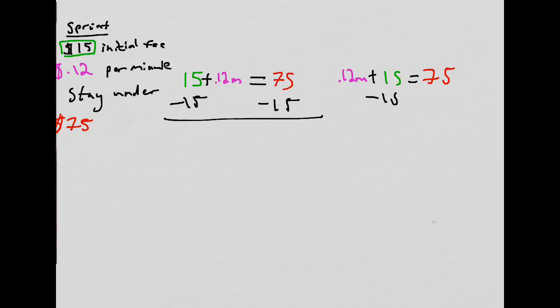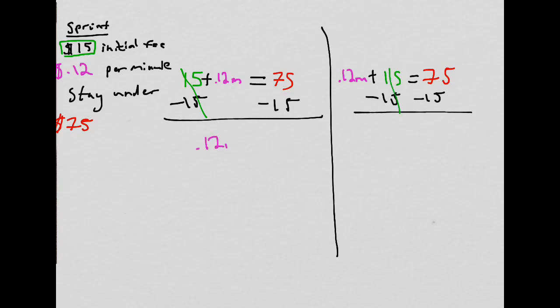I'm going to subtract 15 from both sides. I'll show you that both are going to give me the same answer. Okay, so these cancel, these cancel. Now we've got 0.12m is equal to 60.